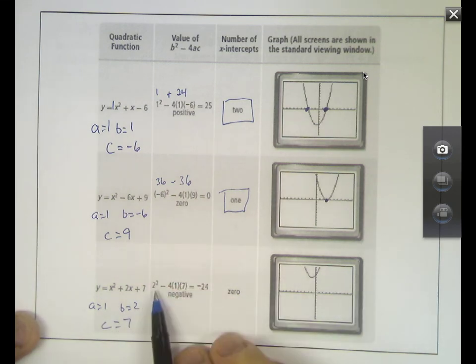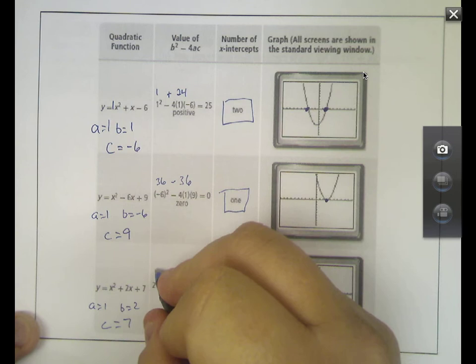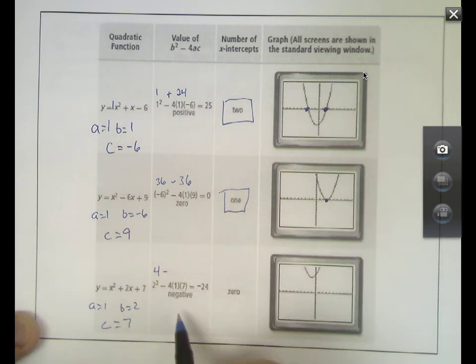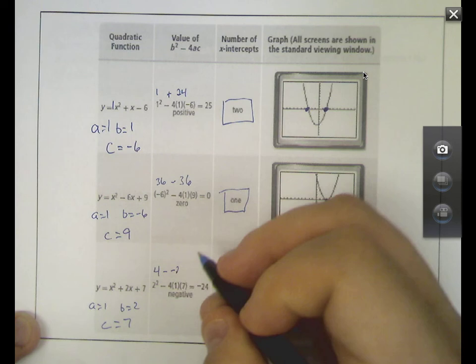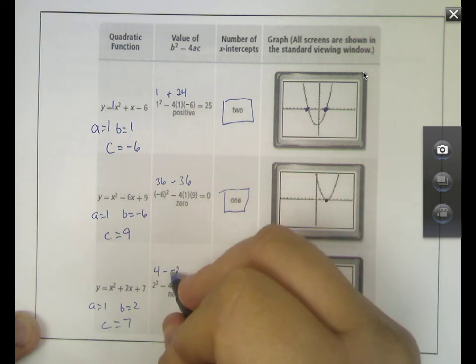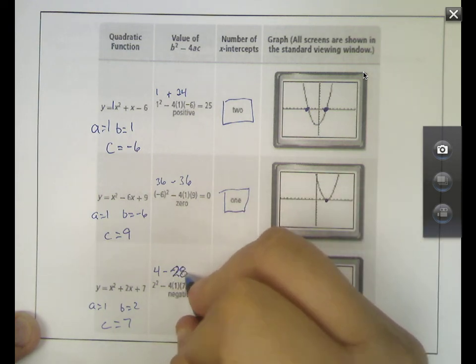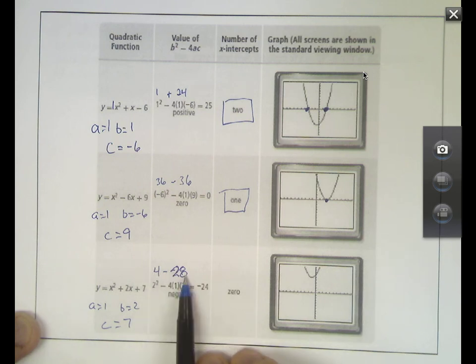This next one, A is 1, B is 2, C is 7. Put 2 in for B. 2 squared is 4, minus a -4 times 1 times 7. A -4 times 1 times 7 is a -28. 4 minus 28 is a -24.